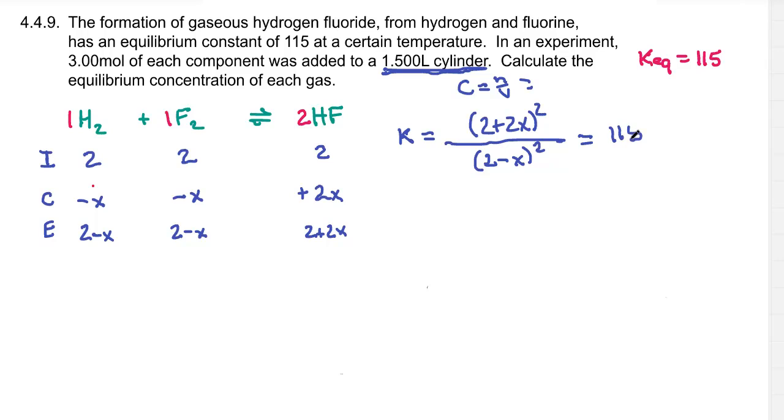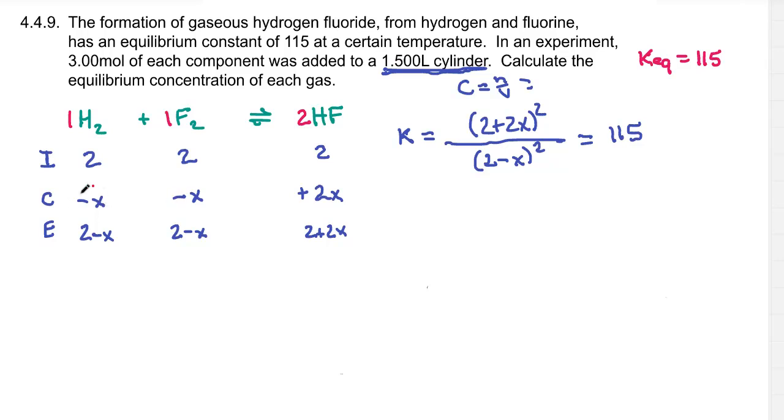Okay, 115. Quick thing before we go on. I assumed here that we're going to use up hydrogen and use up fluorine and make more HF. But I could be wrong about that. This system might decide it has too much HF and run in reverse. If that happens, this setup will still be okay, but what will happen is my X will come out negative. And that negative number will be telling me, no, you're wrong about the direction here.